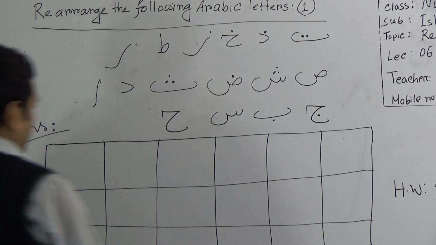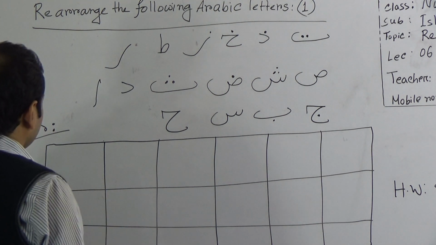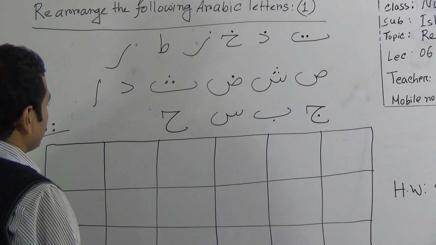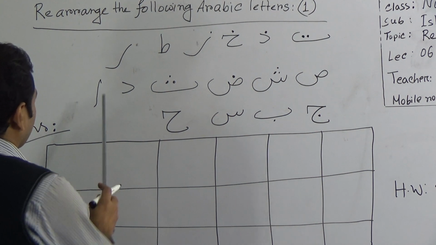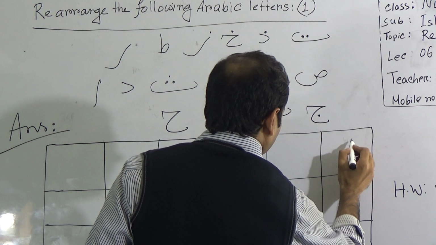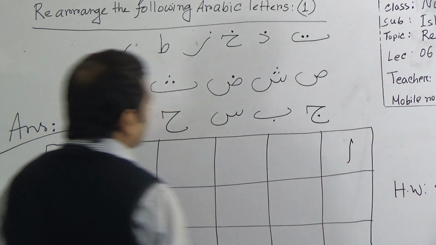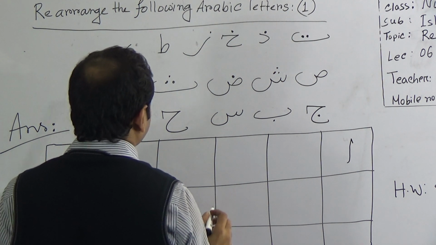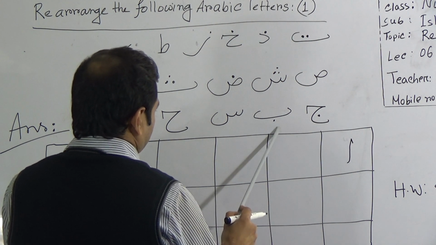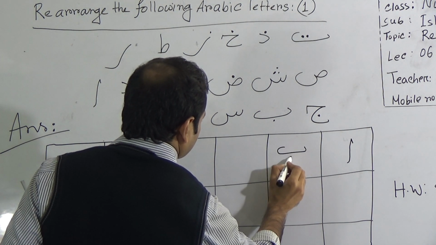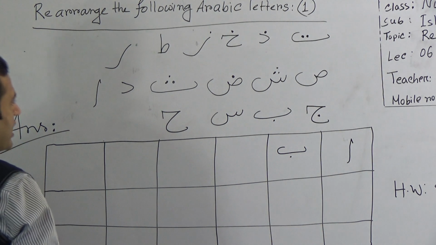Let's start. As you have already learned alif to ya, the first one will be alif. So number 1 will be alif, and after alif ba comes. So it will be here, ba, and the second one will be ta.